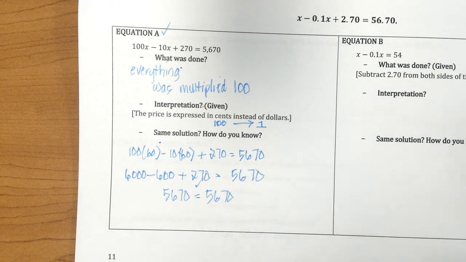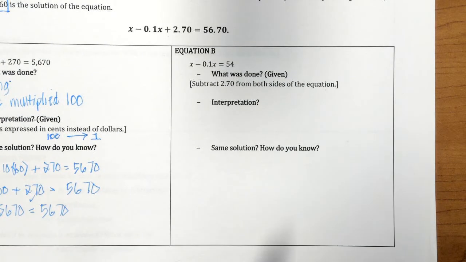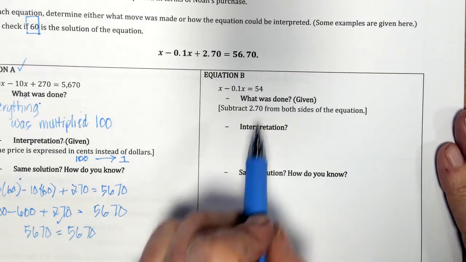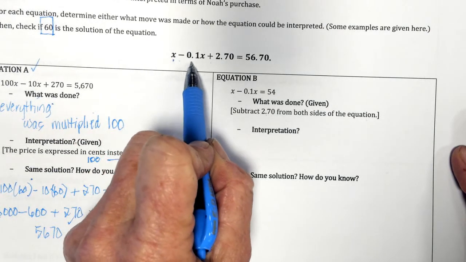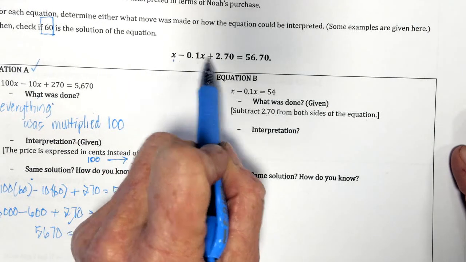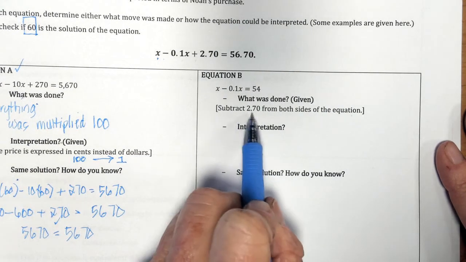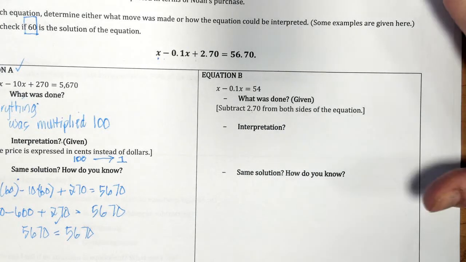All right, now let's go over here. So now it's telling us to do something. So I started here: x minus 0.1x plus 270 is equal to 5670. What they did was they said, go ahead and subtract $2.70 from both sides of the equation.